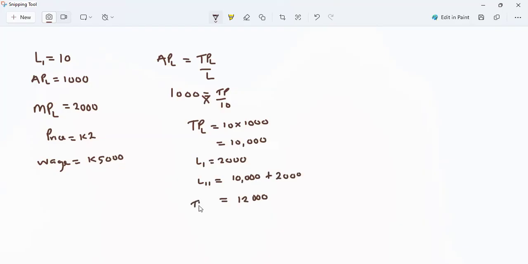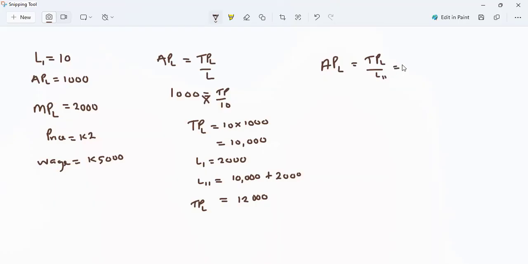So the total product of 11 laborers is 12,000. The 10,000 for the 10 people initially, because we multiply 10 times 1,000, plus the 2,000 we are adding. The 2,000 is coming from the new worker. So they have 12,000 in total. All right. So what is our new average product? It will be the total product for the 11 divided by the number of laborers, which is 11.